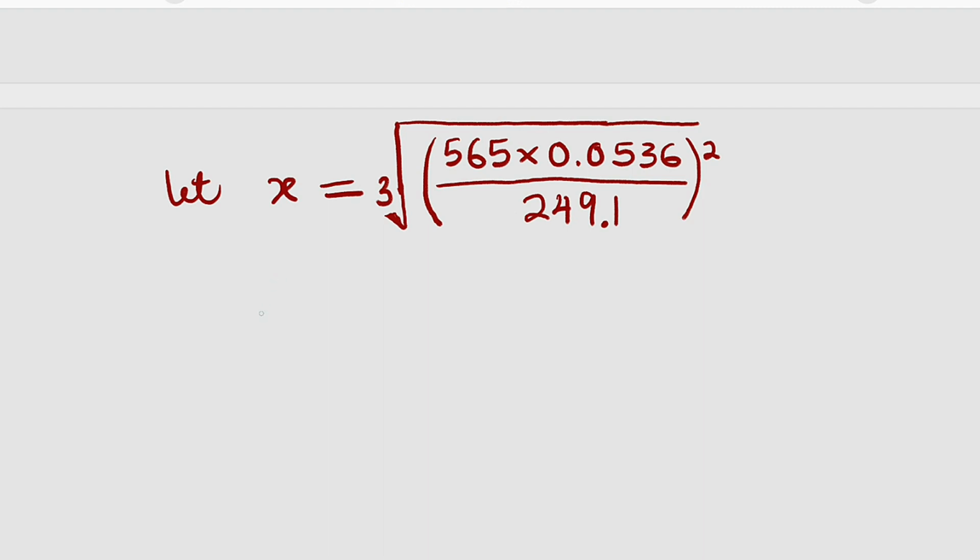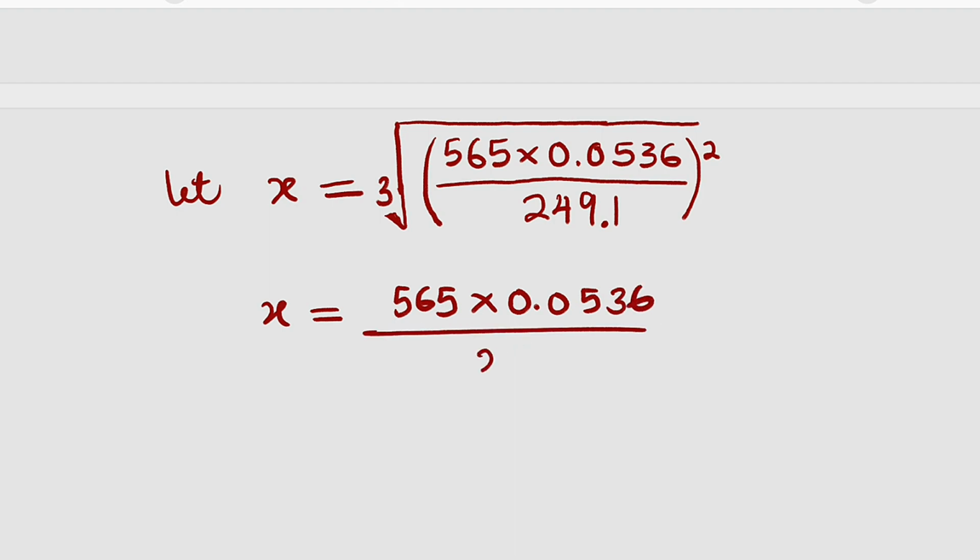So x will become equal to 565 multiplied by 0.0536 divided by 249.1 raised to the power of 2 divided by 3.